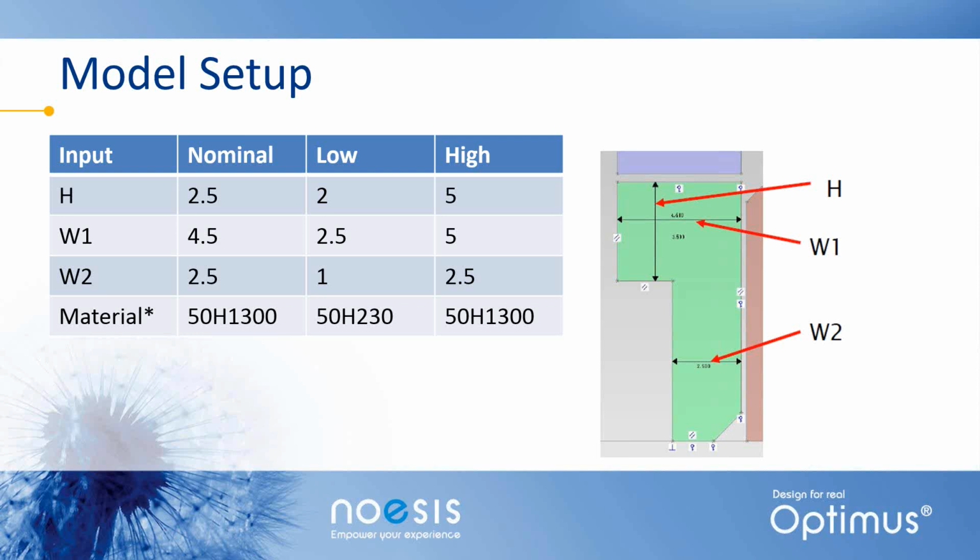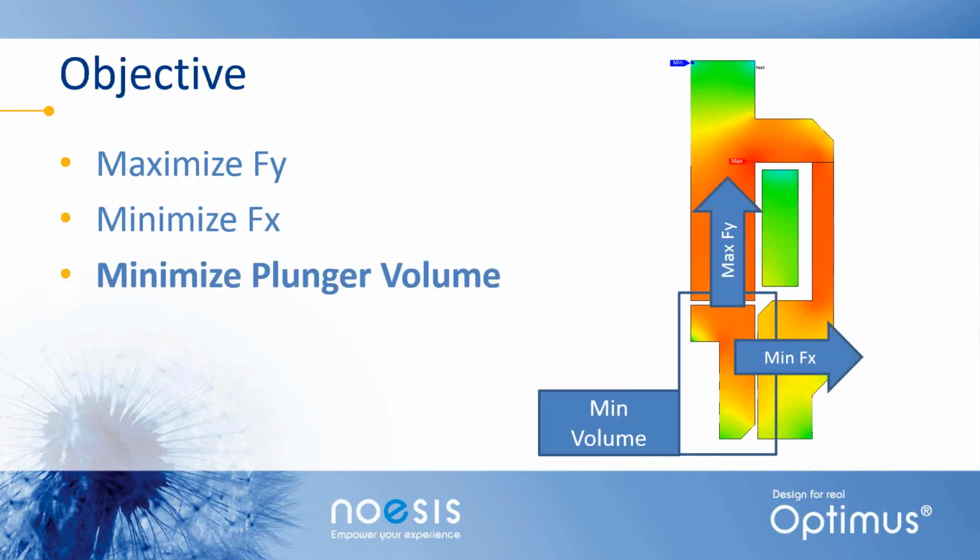We won't spend a whole lot of time on the material here, but I do just want to point out that Optimus, in addition to being able to change the numeric values for H, W1, and W2, also has the ability to vary the material that's involved as well. And of course, the objectives: we want to maximize the plunger force, the Fy force, and minimize the force in the X direction. And then ultimately, we want to minimize that overall plunger volume.